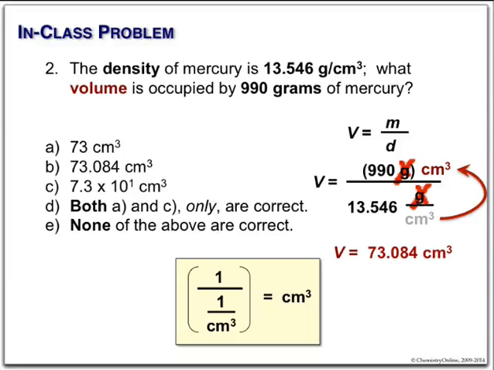This has 2, this has 2. If we round 73.084 cubic centimeters to 2 significant figures, we get 73. They're the same because of the 10 to the -1. And we could write 73 as 7.3 times 10 to the first. So, both A and C are correct.